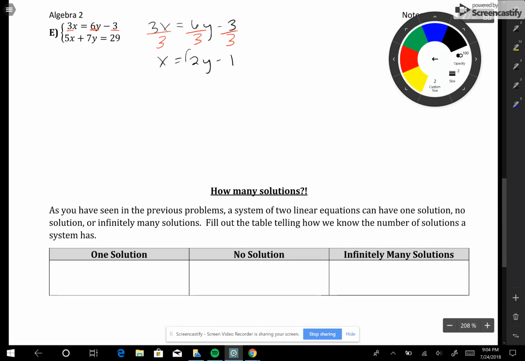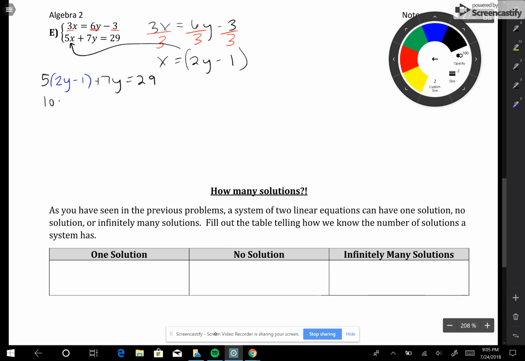So x equals 2y minus 1, I can take that 2y minus 1 and stick it in for the x in the second equation. This is the first time we've solved for x. You can do that anytime you want. That just happened to be how these worked out. So 5 times 2y minus 1 plus 7y equals 29.